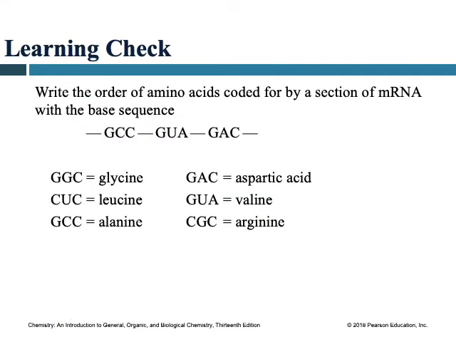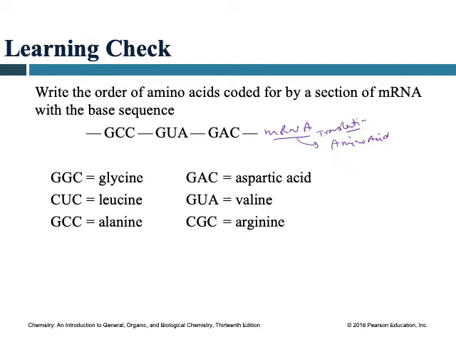Okay, so let's take one more example. This is your mRNA, and you need to tell me the sequence of the amino acids once you do translation. This is the process, translation, right?